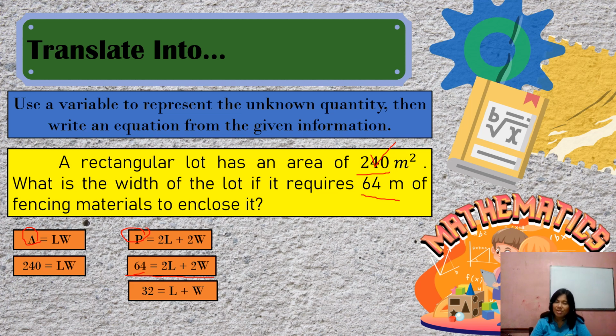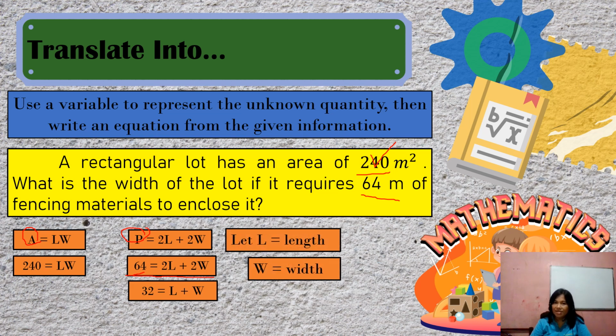Of course, we need to define our L and W now. L is the length and W is the width. Now, the problem is asking for the width. Earlier, the problem was asking for the length.